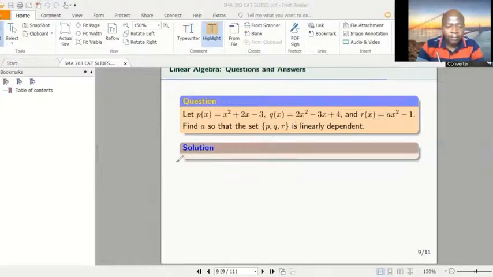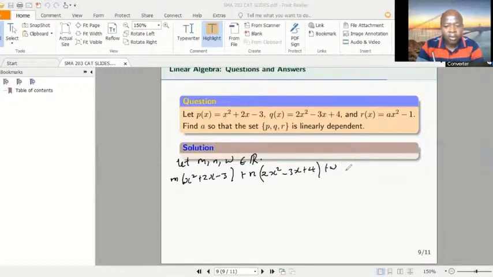So solution, let m, n, and w be the scalars. What we want is m times Px, which is x squared plus 2x minus 3, n times the other polynomial, which is Q, 2x squared minus 3x plus 4, and then w times the other polynomial, which is ax squared minus 1, should give us 0.